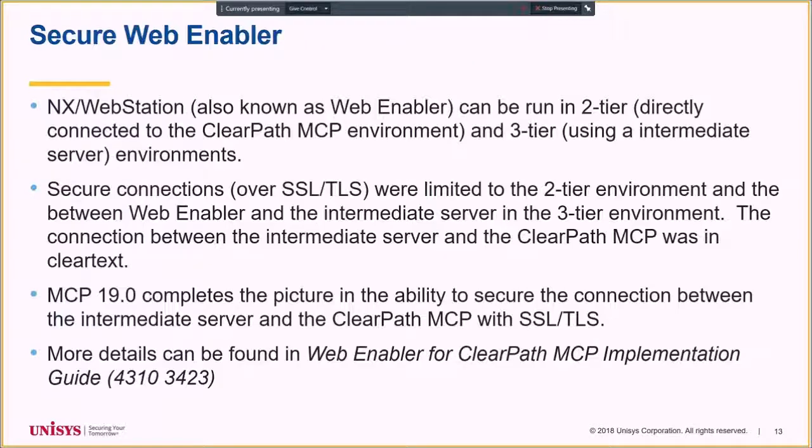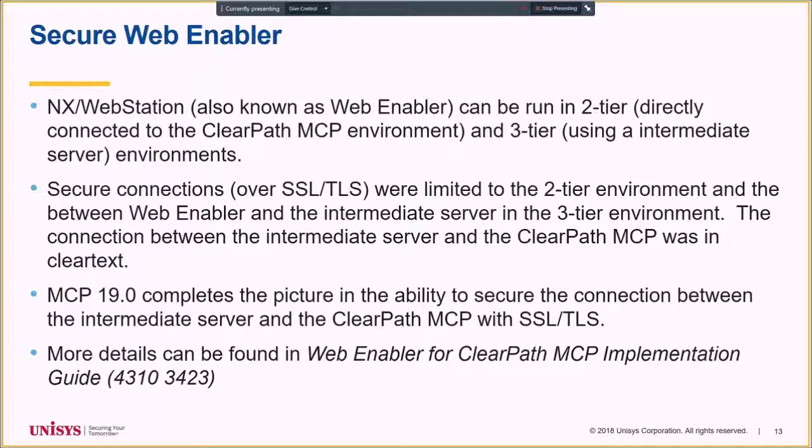The last feature we want to highlight as part of the MCP security environment in 19.0 is Secure Web Enabler. This is an environment which allows you to have either a 2-tier or 3-tier way of connecting in from terminals using the HTTP protocol to MCP systems. In a 2-tier architecture, we allowed a few releases back the ability to secure that with TLS.